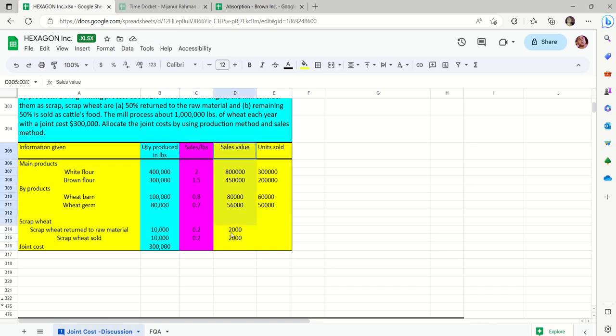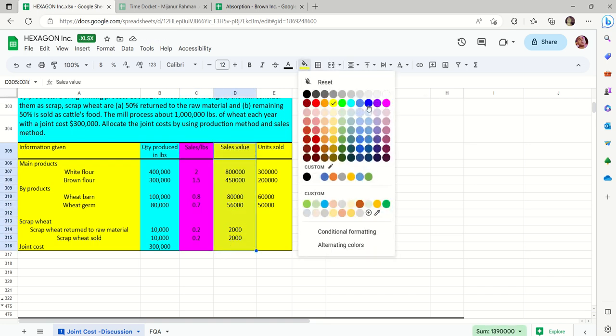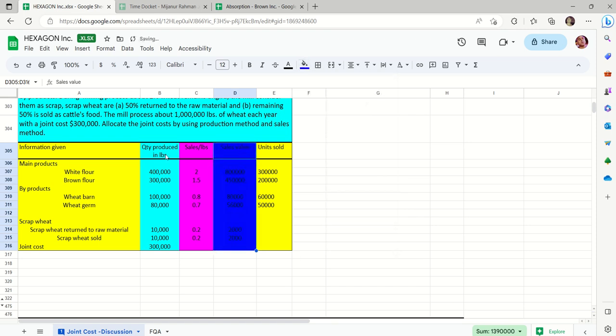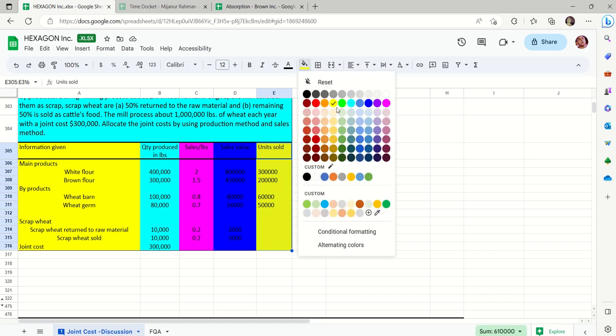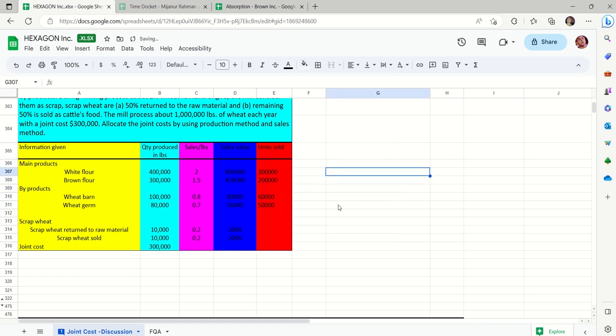And this value on the sales value column right here, highlighted in blue, shows the total sales value of this 400,000 pounds, 300,000 pounds, and whatever in the byproduct sale. And units sold is here. This is very important to us, so I'm going to highlight that in red. So we are dealing with these 4 columns of information, very important.